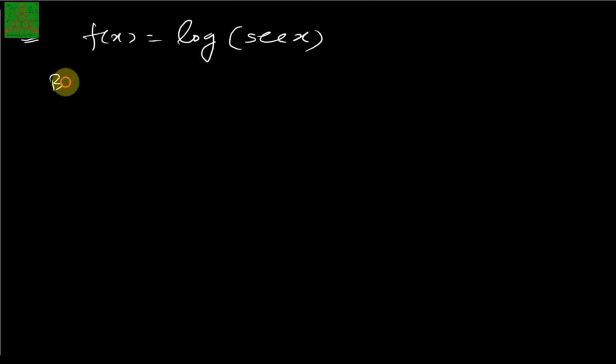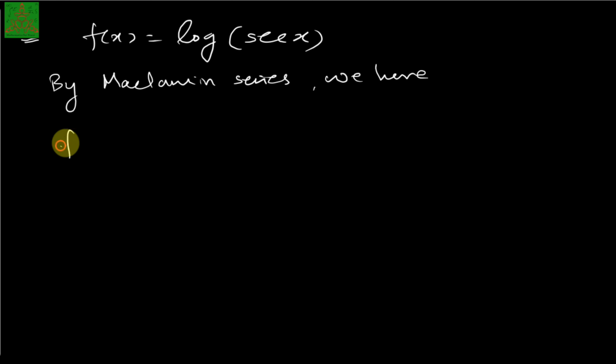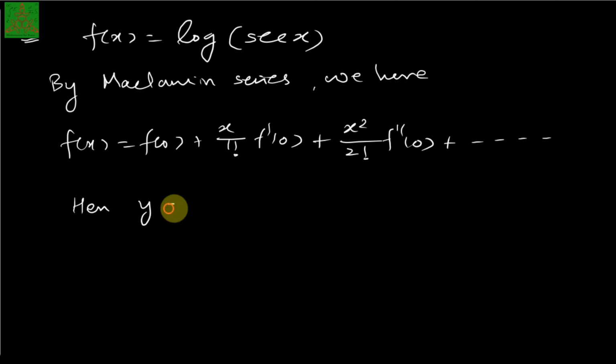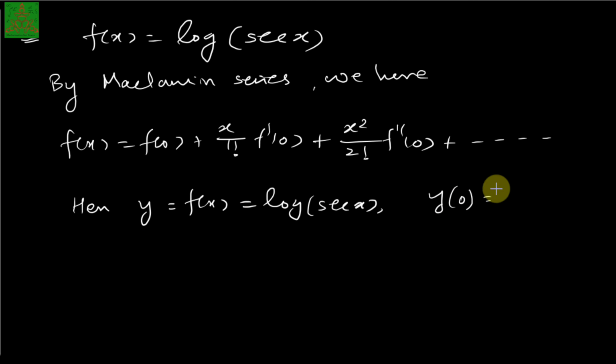By Maclaurin series expansion, we have f of x is equal to f of 0 plus x upon 1 factorial f dash of 0 plus x square upon 2 factorial f double dash of 0, and so on. Here we have y, which is f of x is log sec x, so y at 0 is log sec 0.